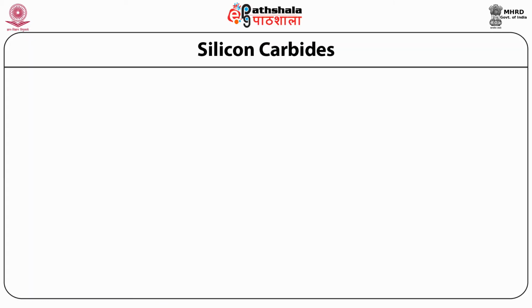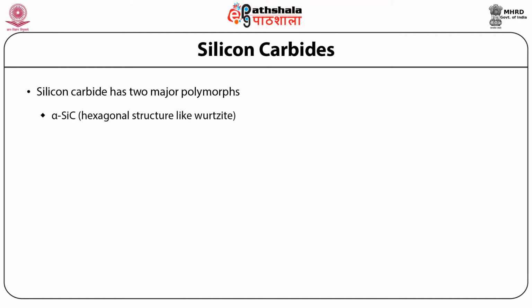Silicon carbide. Silicon carbide for applications in refractories we have already discussed in previous modules. As mentioned there, the two major polymorphs of silicon carbide are alpha silicon carbide, which has a hexagonal structure like wurtzite, and beta silicon carbide, which has a zinc blende structure like diamond.